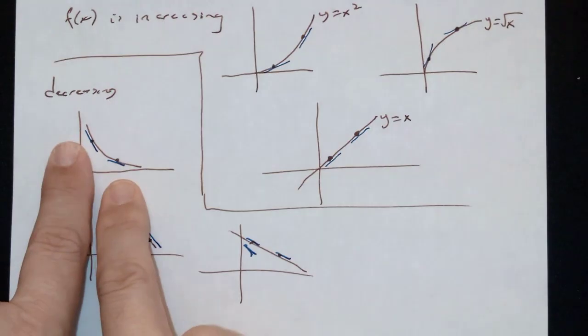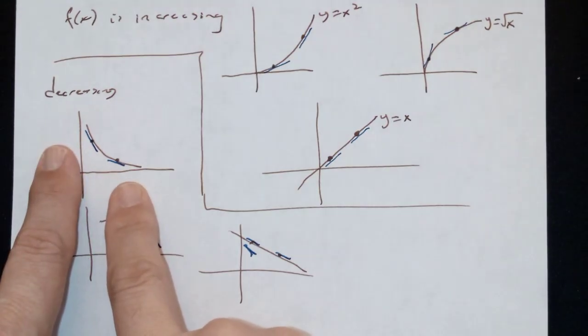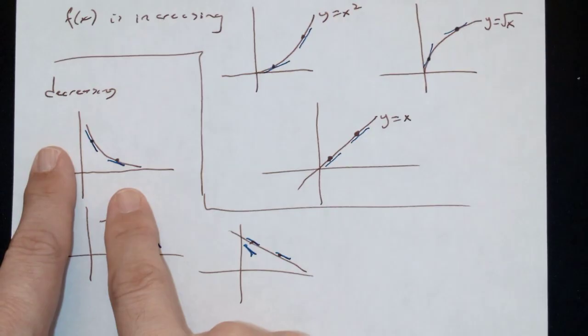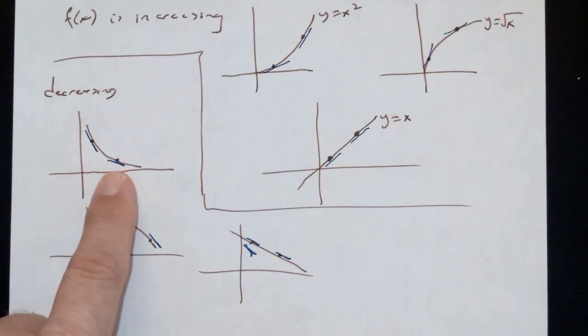In this picture, the line on the left or the line on the right? Uh-oh. These slopes are negative. Is the steeper line bigger or smaller? Technically, it's smaller because it's more negative, right? So this is bigger.